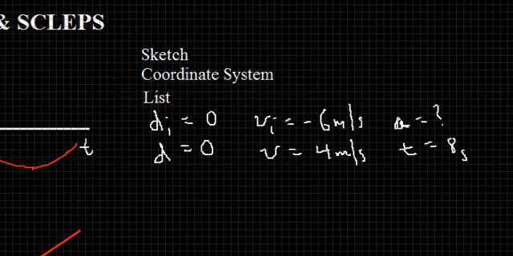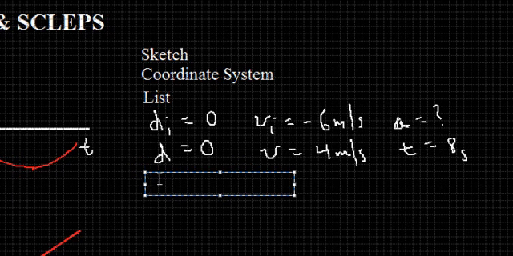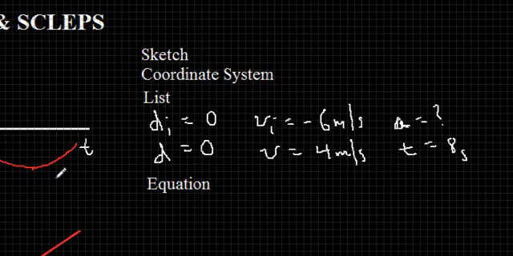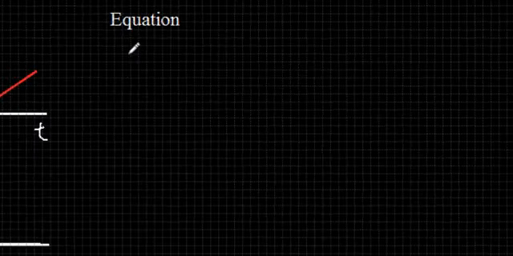All right, let's go on to the next step, which is the E for equation. And like I said, we already know which one that is. So let's go ahead and write it. We'll go ahead and write it again, but we already know it in this case because there's only one.